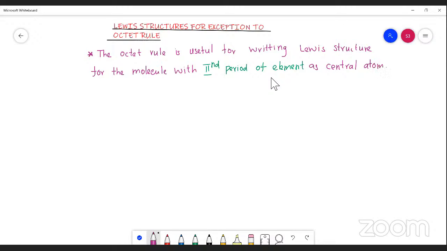So it is perfectly suitable for elements of the second period in the periodic table.